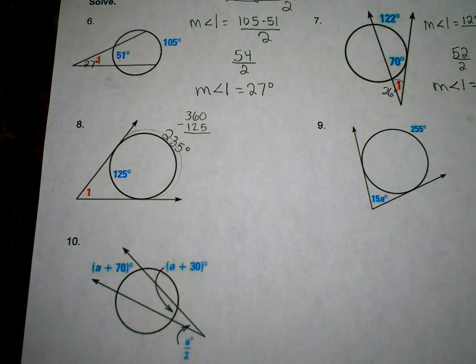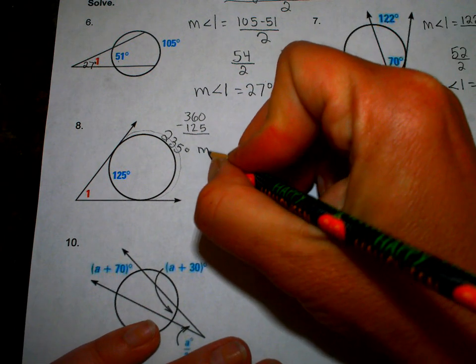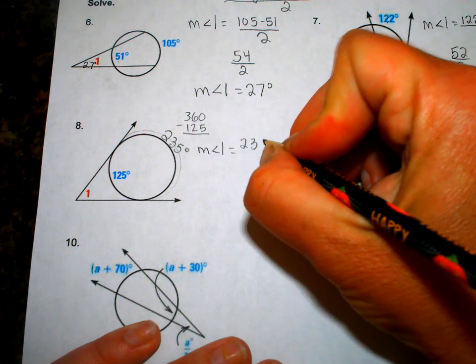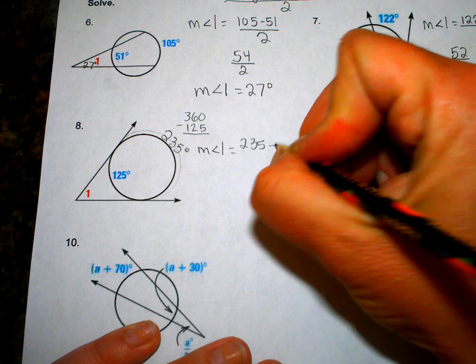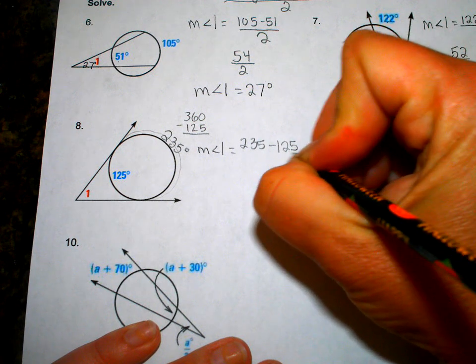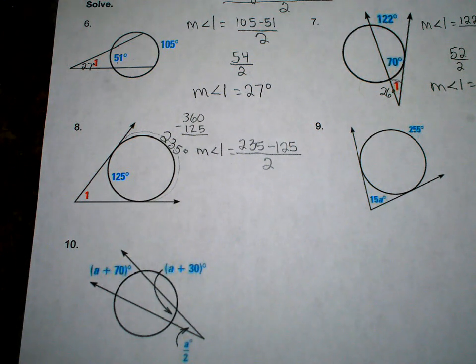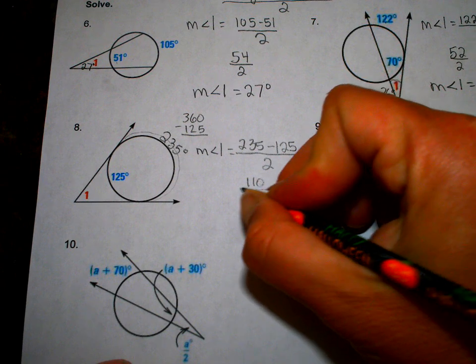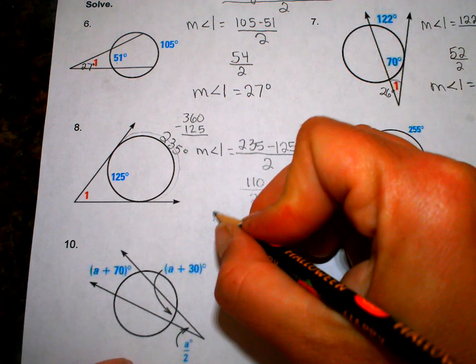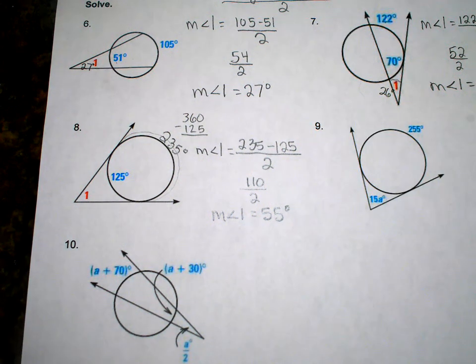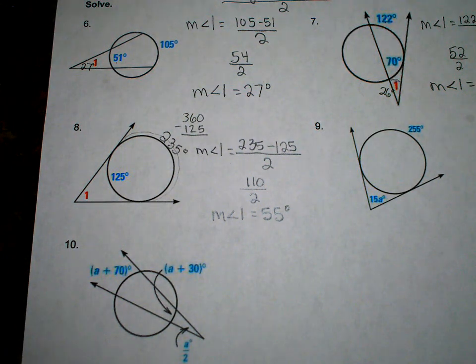So the measure of angle 1 is 235 minus 125 cut in half. 110 cut in half. The measure of angle 1 is 55 degrees.